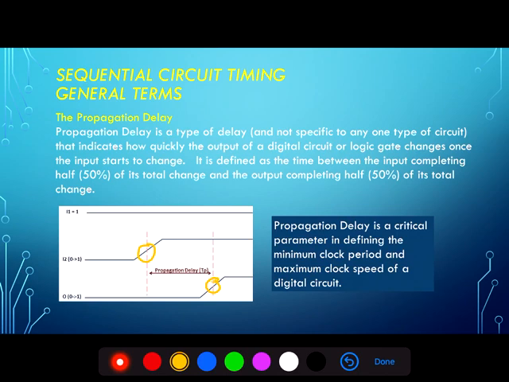So the time between the 50% point on the input and the 50% point on the output is by definition the propagation delay, where 50% is defined as half the entire range of the input and half the entire range of the output.